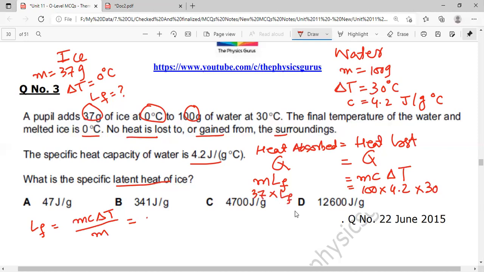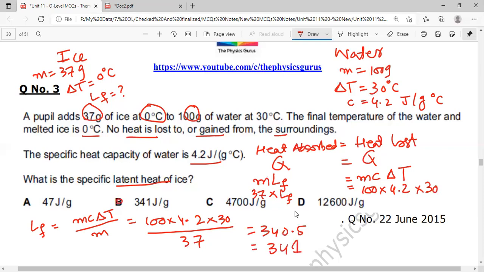So 100 into 4.2 into 30 divided by 37. Let's calculate its value. 100, 4.2, 30 divided by 37, and it's 340.5. When we round it off, this will be 341.